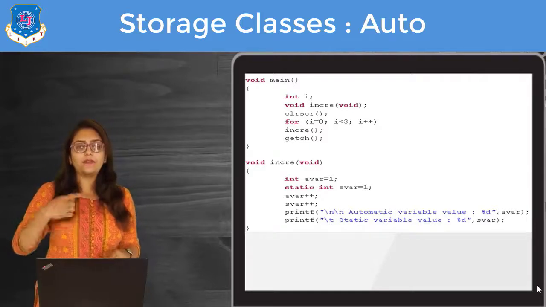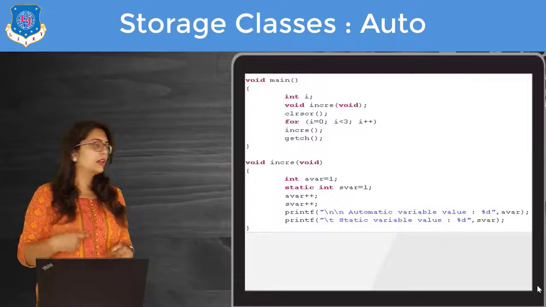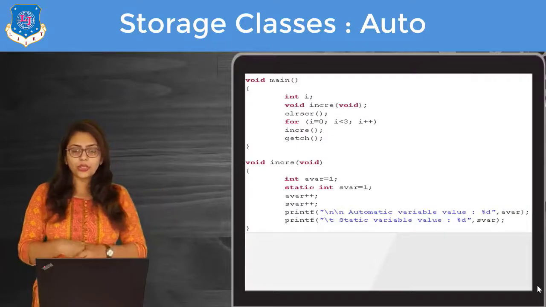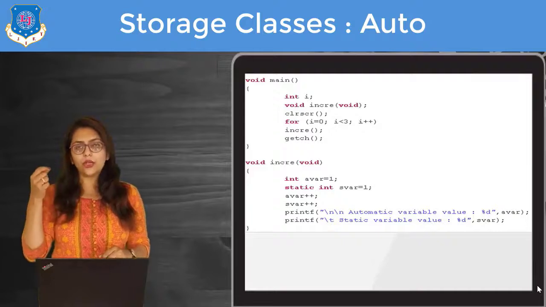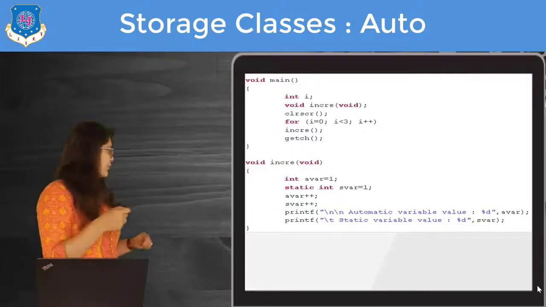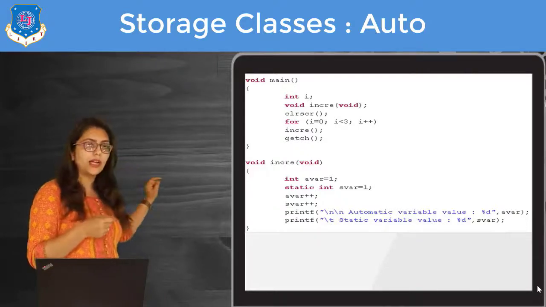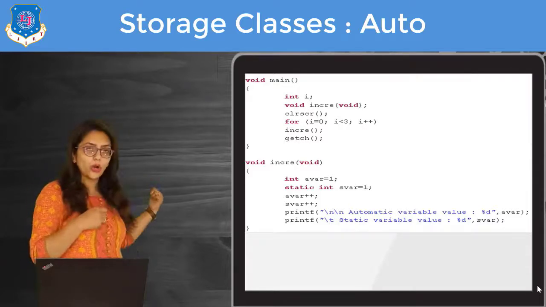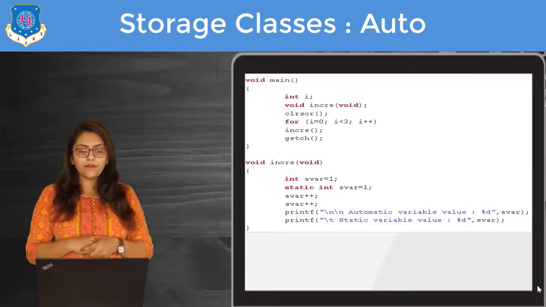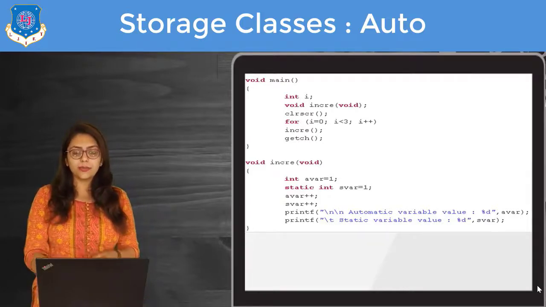It will increment a value each time the function is called, right? Here I have used a loop from i equal to 0 to i equal to 3, so it will be executed for i equal to 0, 1 and 2. The increment function will be called 3 times, and I am going to print the value every time increment is called.